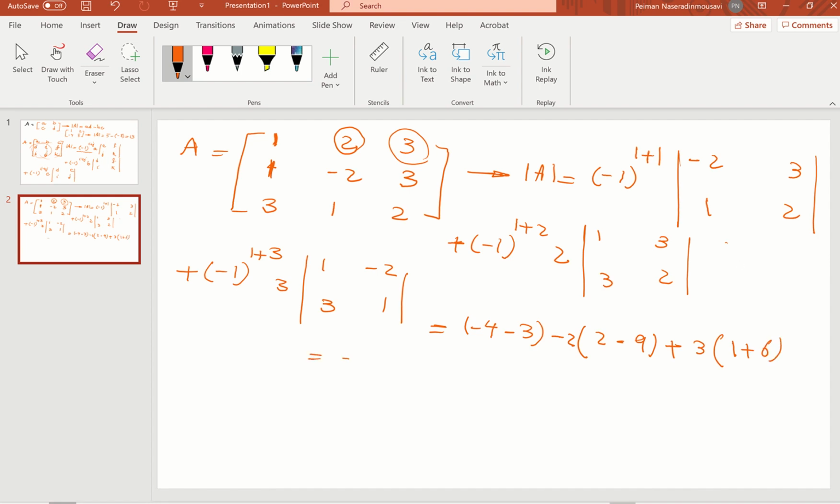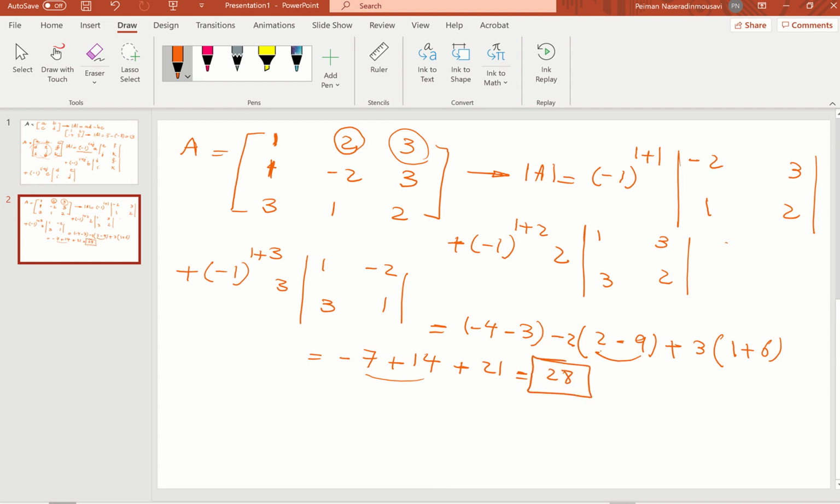So what you're going to get is minus 7 plus 14, which is minus 7 in minus 2 plus 14, plus 7, 21. And this is 7, so it's going to be 28, as you can see.